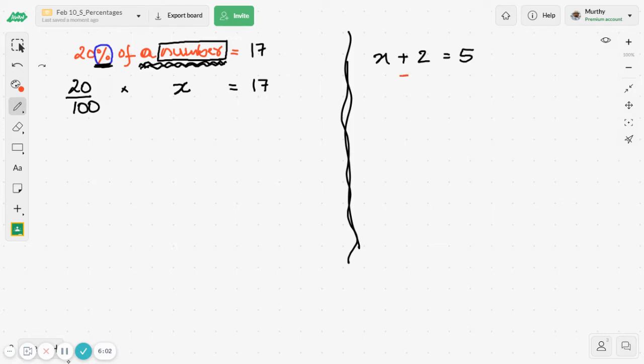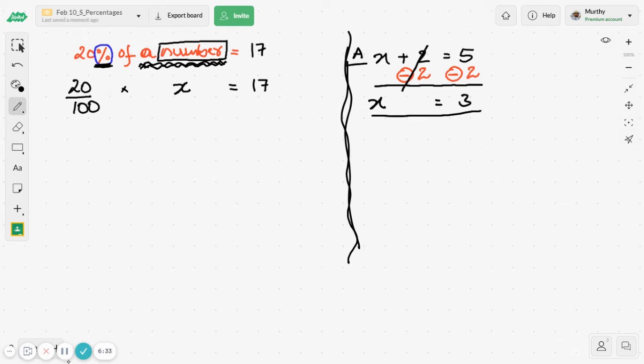Inverse operation means you take the opposite sign, the same value, and you have to take the same value on both the sides. This is called the balancing method. In fact, we discussed this in our previous classes. So when you do that, positive 2 and negative 2, when you simplify, you'll end up with 0. So I'm not writing any. 5 minus 2 equals 3.